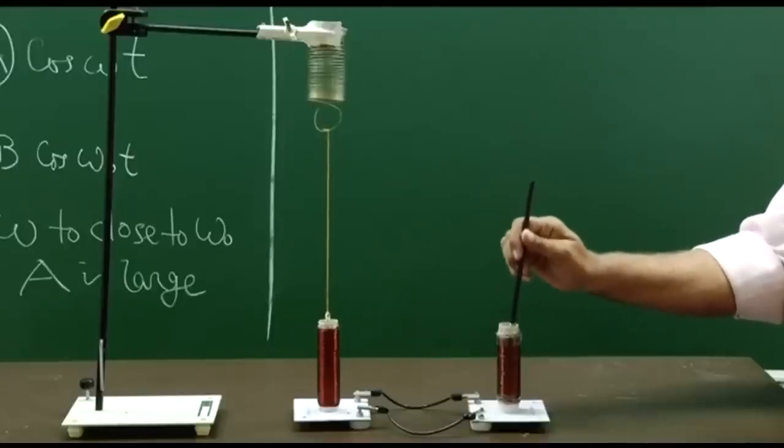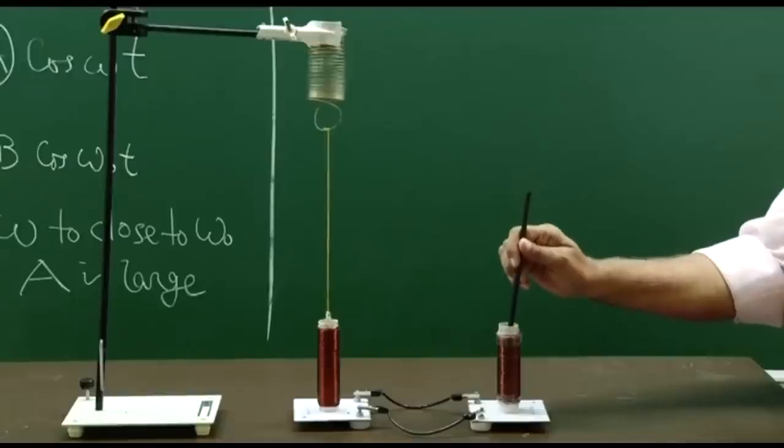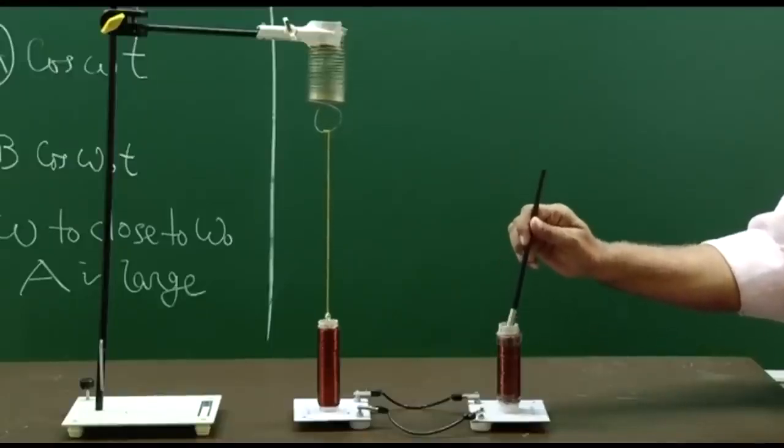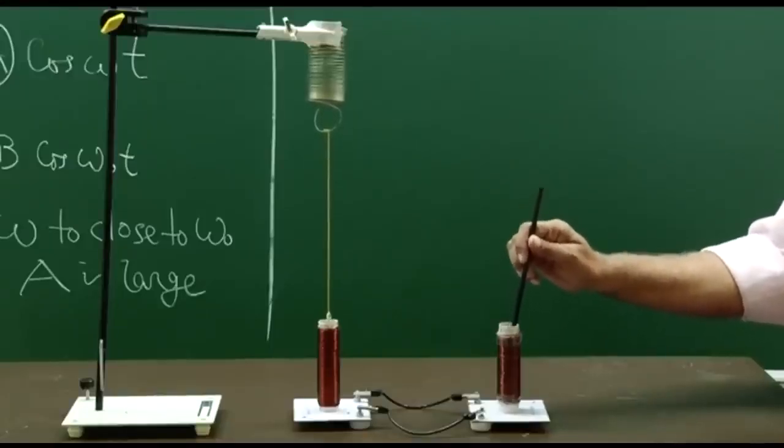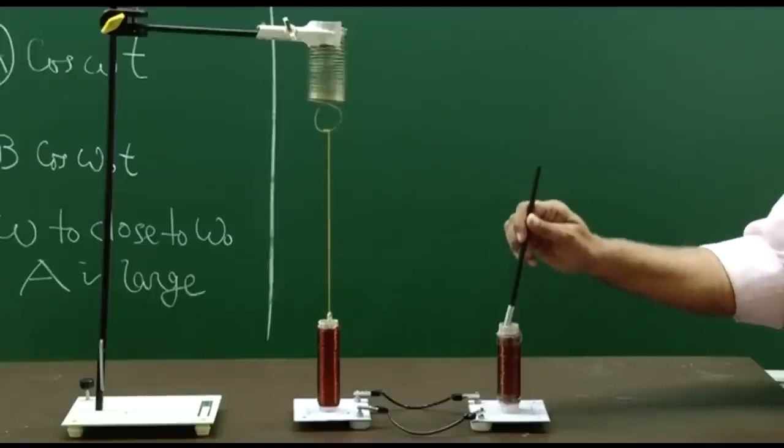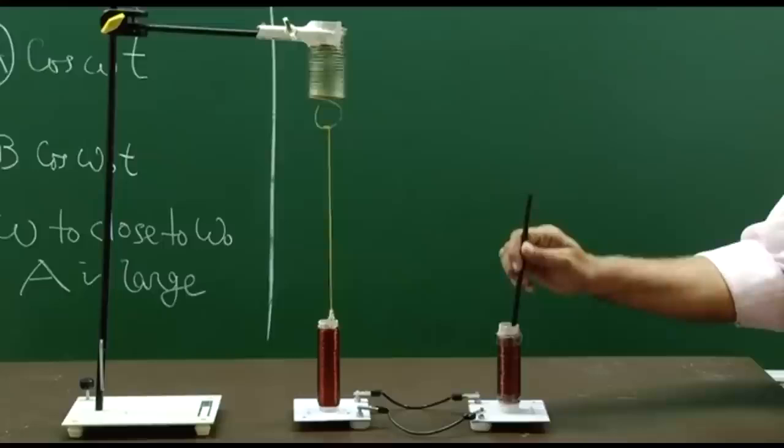I go at a very large frequency, and you see it hardly oscillates, the magnet hardly oscillates. And now I am going with an intermediate frequency. And you see the amplitude of the oscillation.